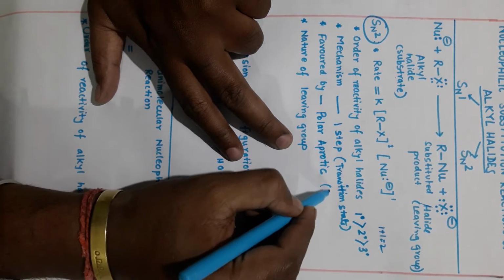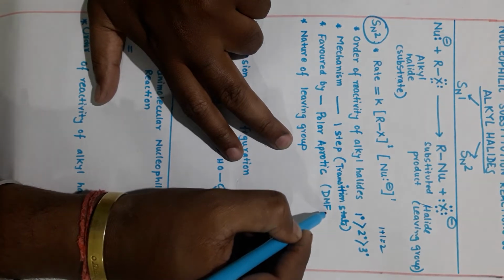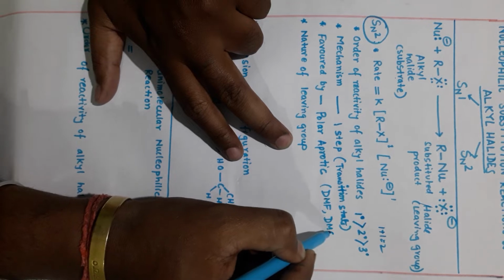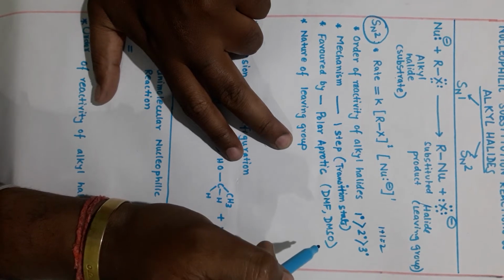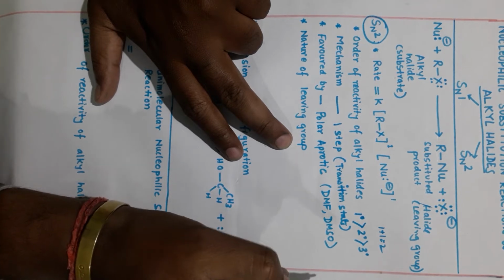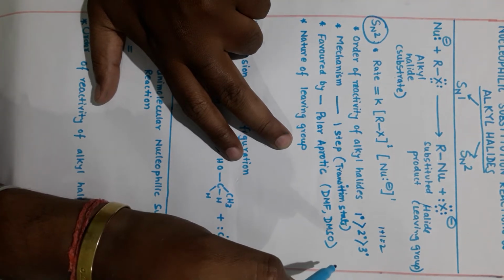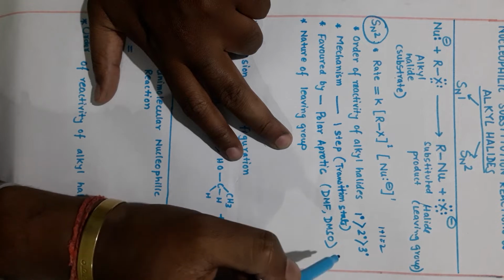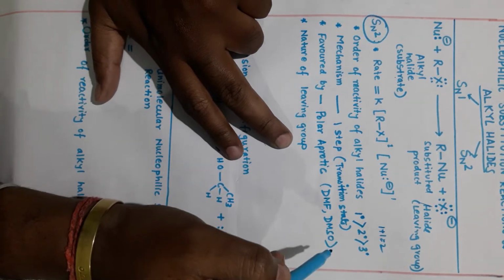For example, DMF, dimethylformamide, and dimethyl sulfoxide are examples of polar aprotic solvents. They do not provide protons, and they are not able to form hydrogen bonds with the solute dissolved in this type of solvent.